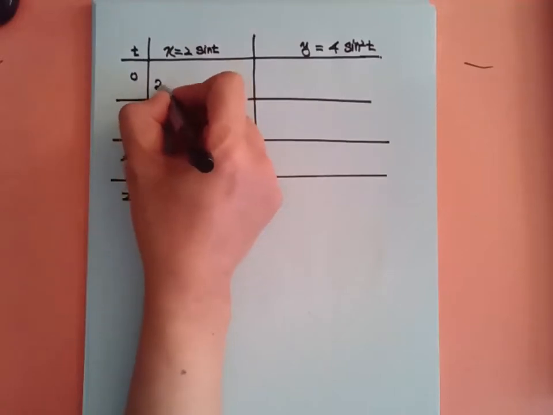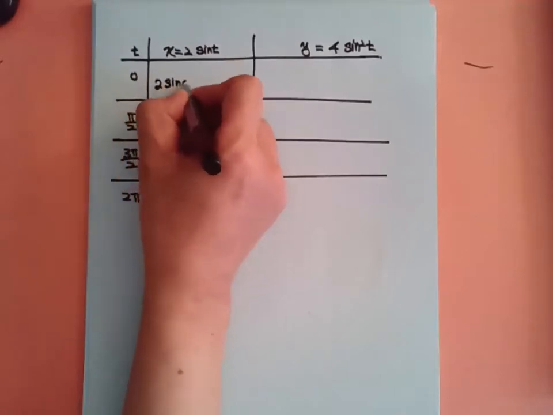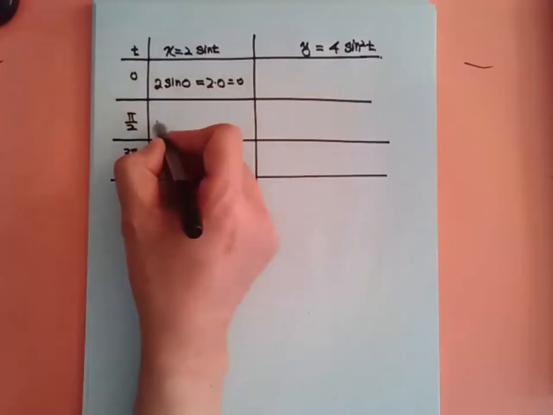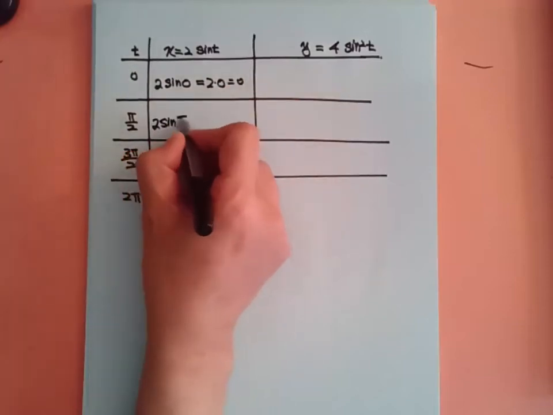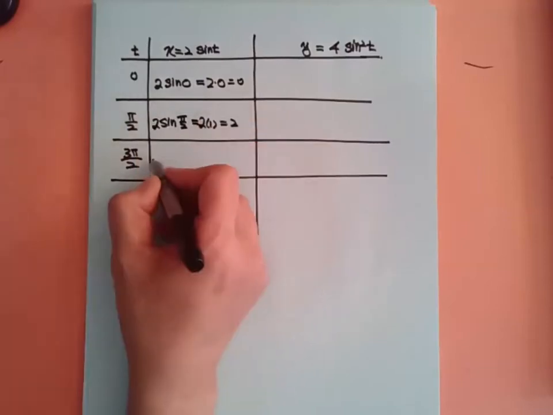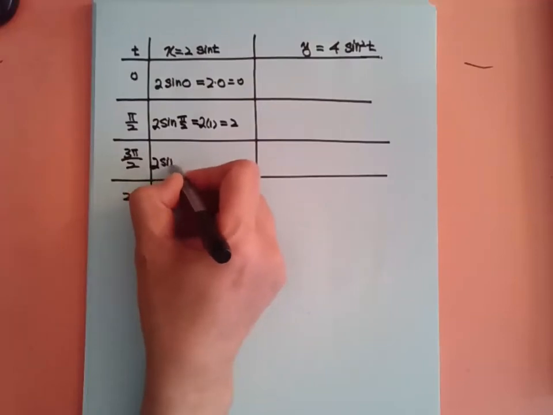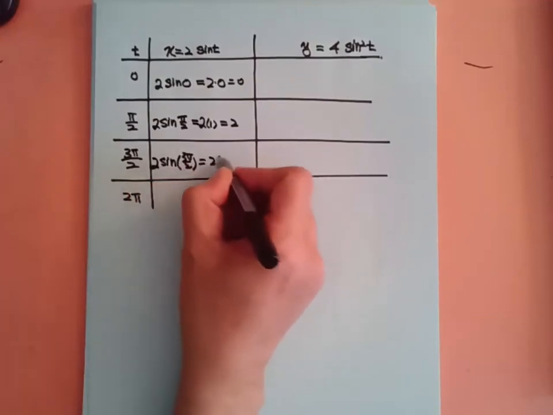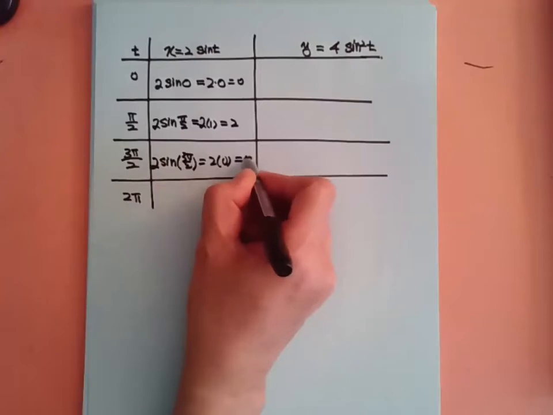The first one is 2 times sine of 0, that is 2 times 0, which is 0. 2 times sine of pi over 2 is 2 times 1, which is 2. 2 times sine of pi is 2 times 0, which is 0.